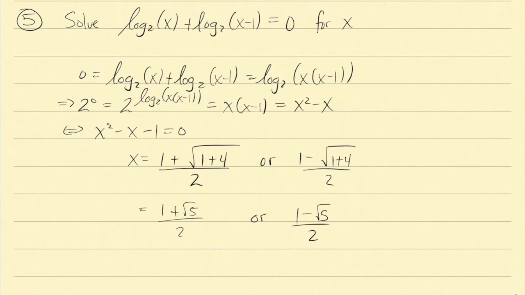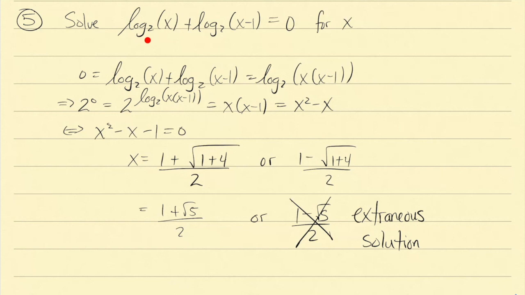So when we use the quadratic formula, we get two solutions. However, we have to be careful here. We remember that the logarithm is only defined for positive input values. Because (1 minus the square root of 5) over 2 is negative, this gives us what's called an extraneous solution.